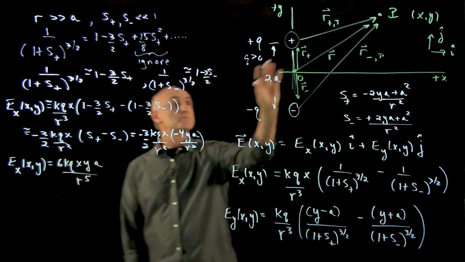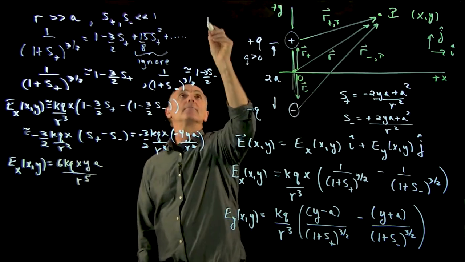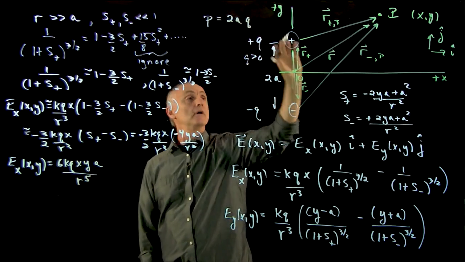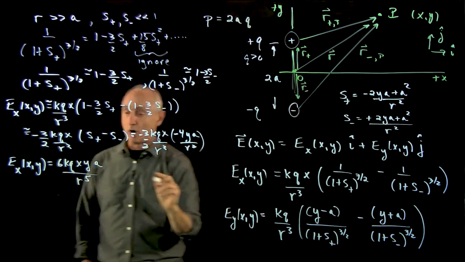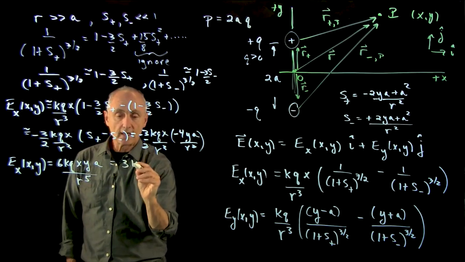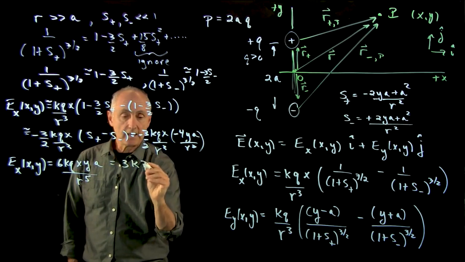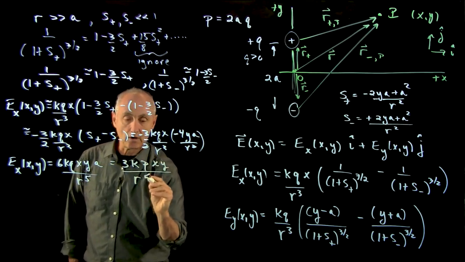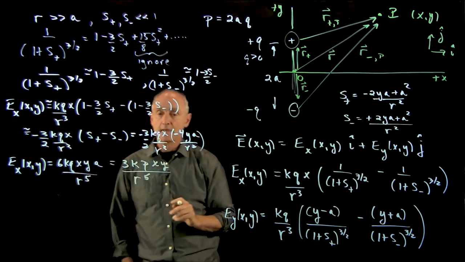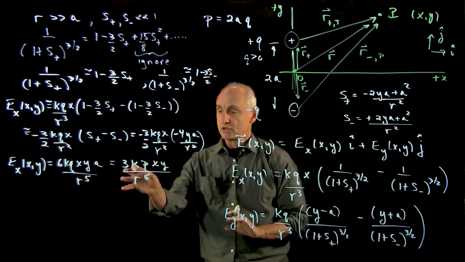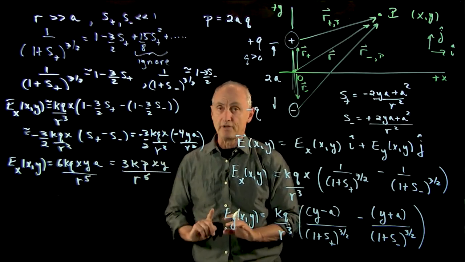And in this particular problem, the magnitude of our dipole moment is 2aq, because it's a distance 2a apart. So we could write that as 3kp xy over r to the 5th. Now, you might look at this and think the field is falling off like 1 over r to the 5.